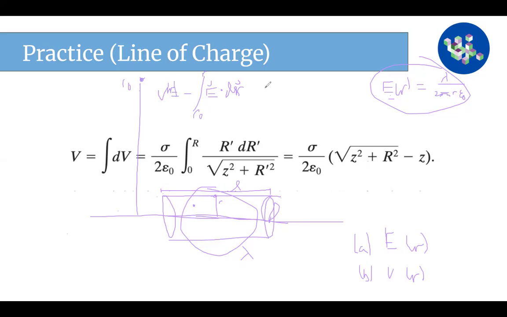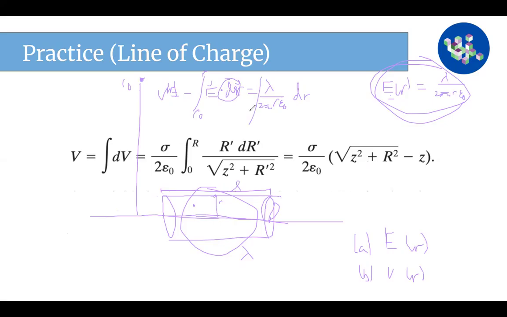So this is just a matter of doing the integral. We have E(r) over here already, so we just plug that in. So it's lambda over 2 pi r epsilon 0. Notice that E is always parallel to the dr, so that's a good thing, right?